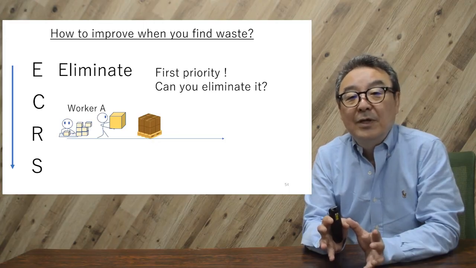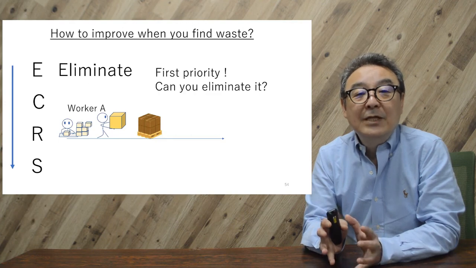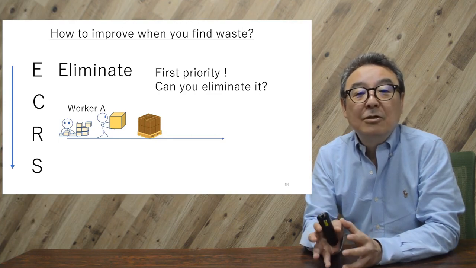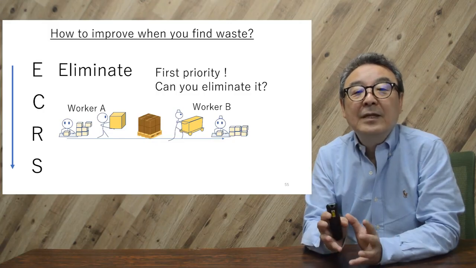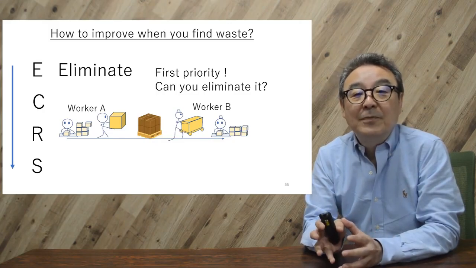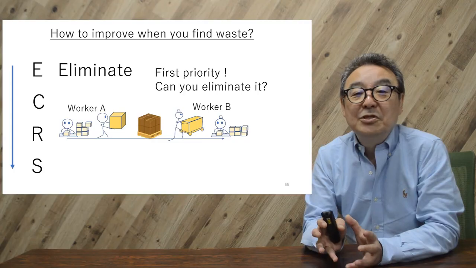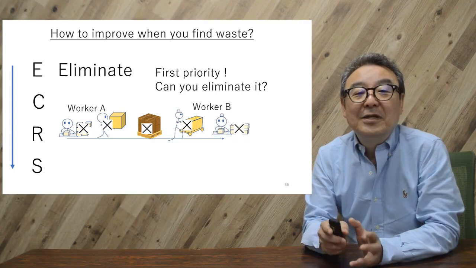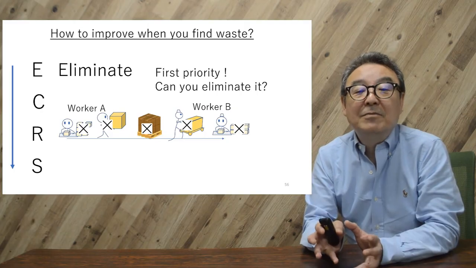I'll show an example. Now the worker is doing some assembly process with huge WIP, and after that, transfers it to the stock area. And the next worker picks them up to his workplace and does the next process with the WIP. Which is waste? WIP, transportation, inventory, transportation, WIP.